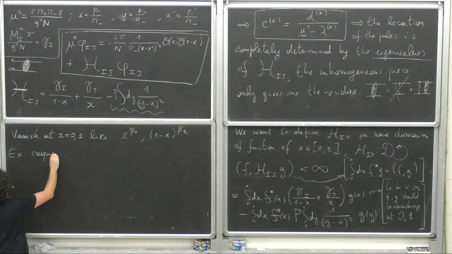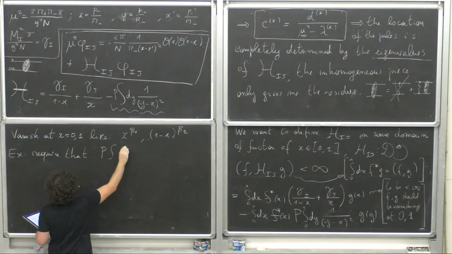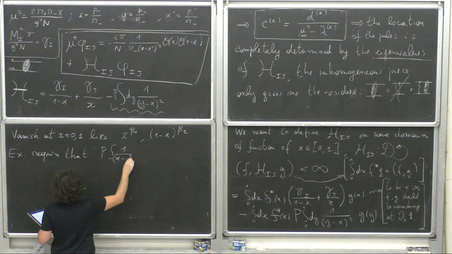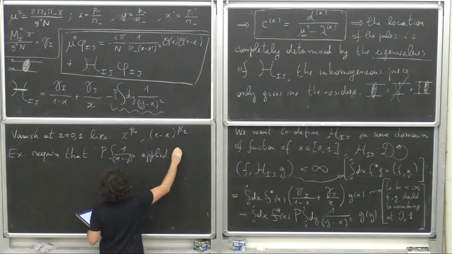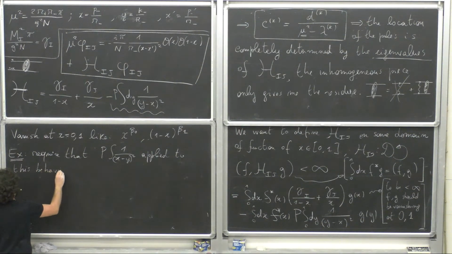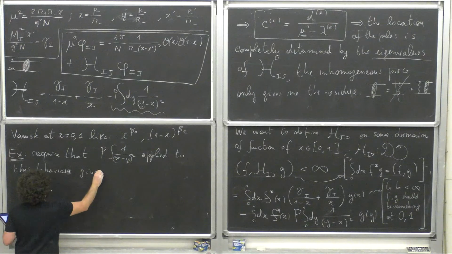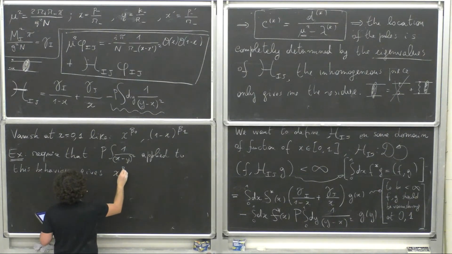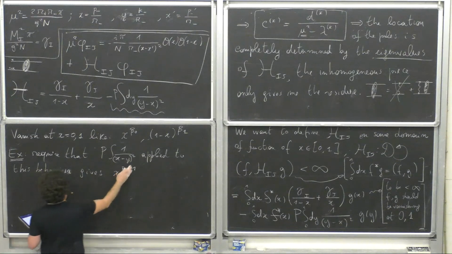Require that this behavior gives x, which is what I get from the first.